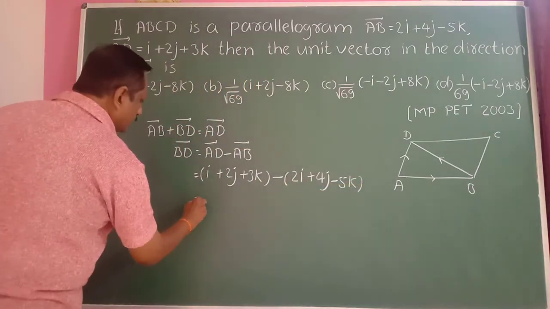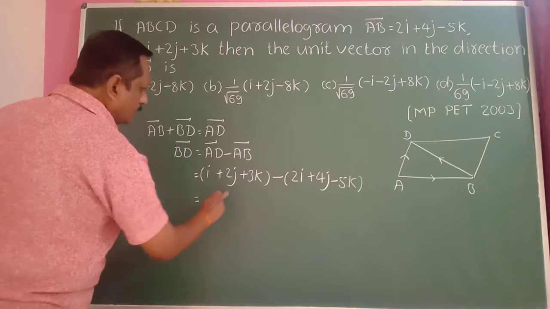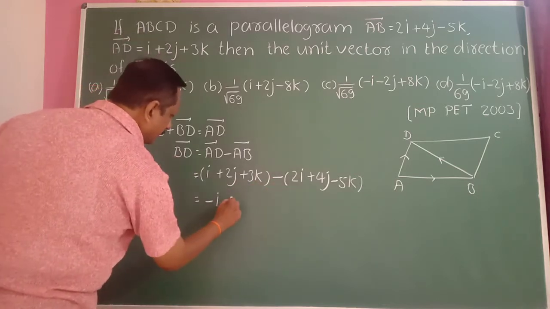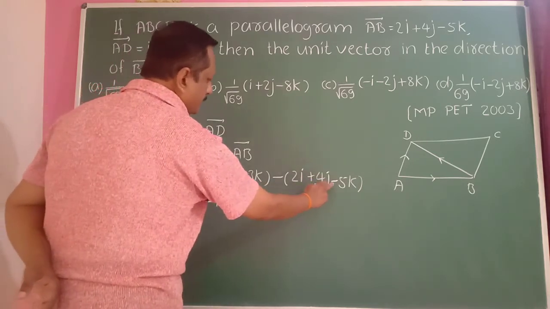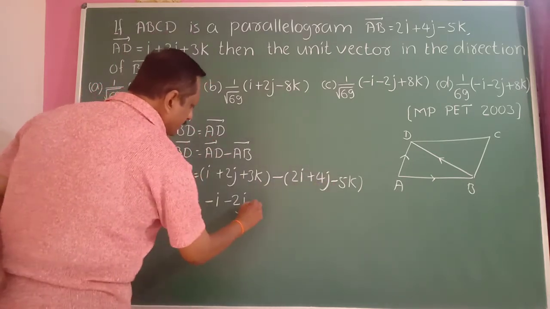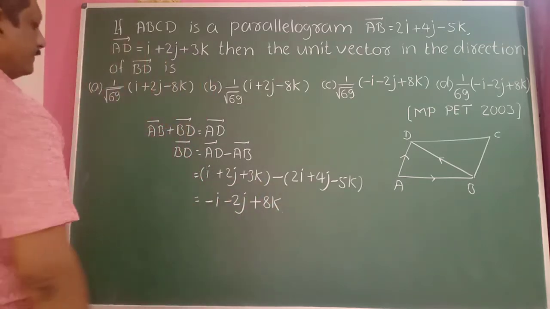Therefore, this equals i minus 2i becomes minus i, 2j minus 4j is minus 2j, and 3k, minus into minus becomes plus, 3k plus 5k becomes 8k. Then find its modulus.